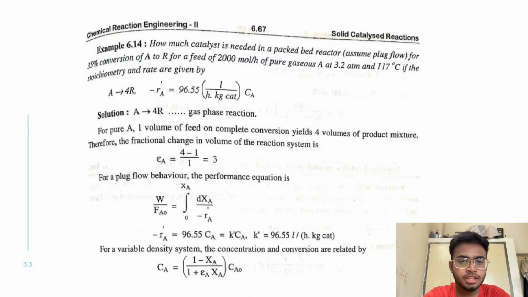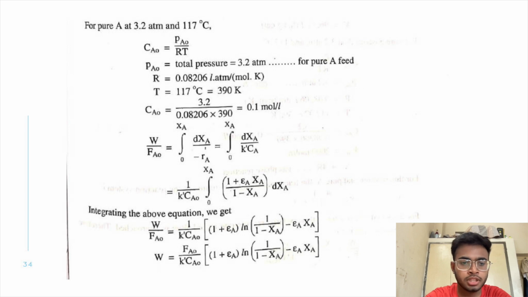How much catalyst is needed in a packed bed reactor, assuming plug flow, for 35% conversion of A to R for a feed of 2000 mole per hour of pure gaseous A at 3.2 atmospheres and 170 degrees Celsius? First of all, we need to use the concept of plug flow behavior and the performance equation, from where we obtain the rate expression in terms of concentration of A. After finding the concentration of A expression, we put that into the performance equation and integrate.